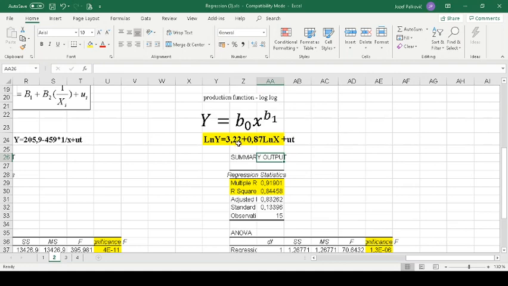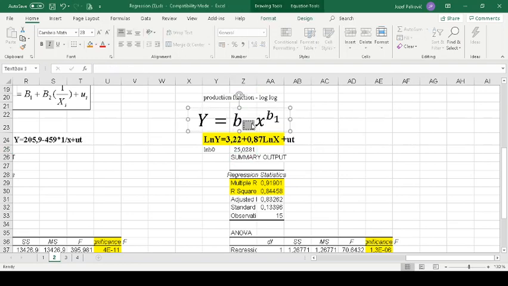And the intercept value, maybe you remember that intercept 3.22 was ln b sub 0 originally. So if you would like to get the b sub 0 value, then you should remove the logarithm, use the exponential function, exponent of 3.22, and you will get b sub 0.